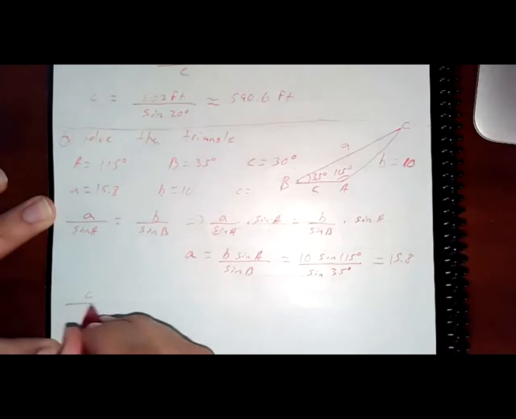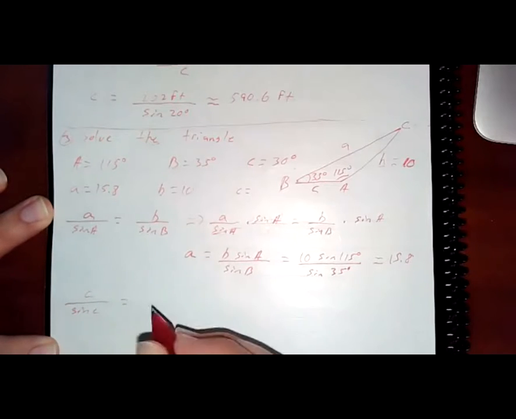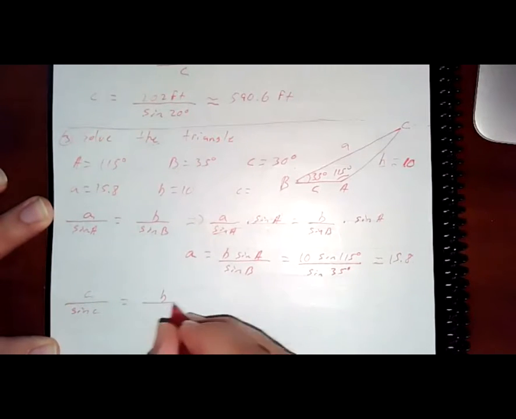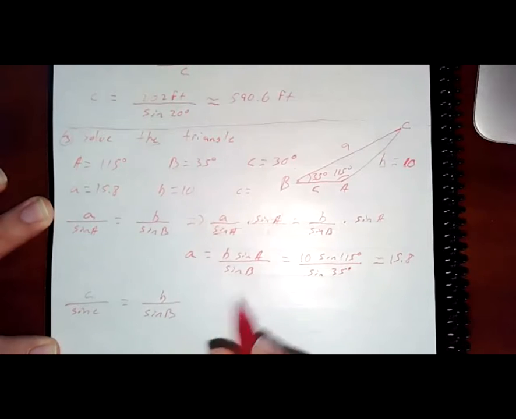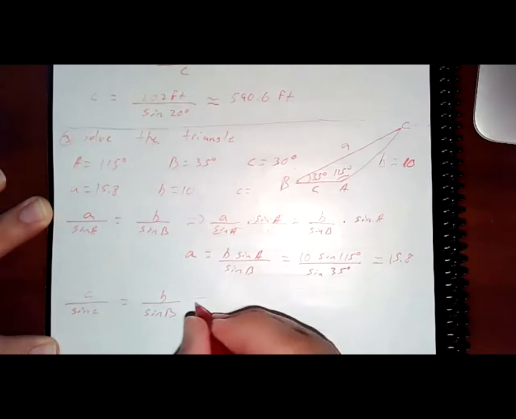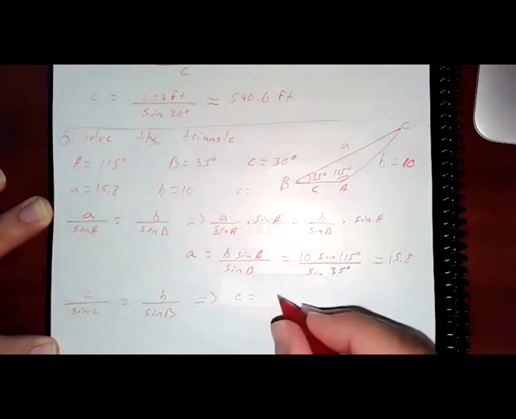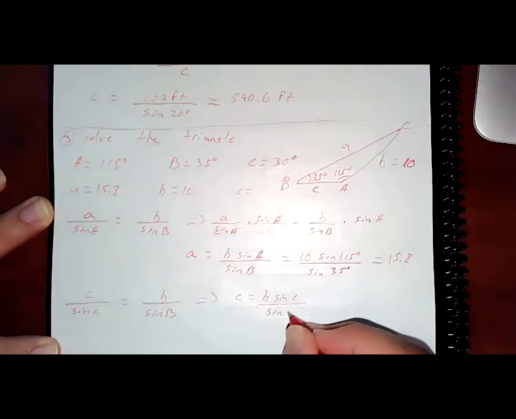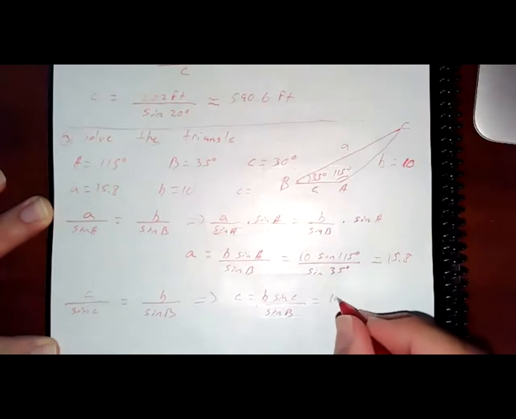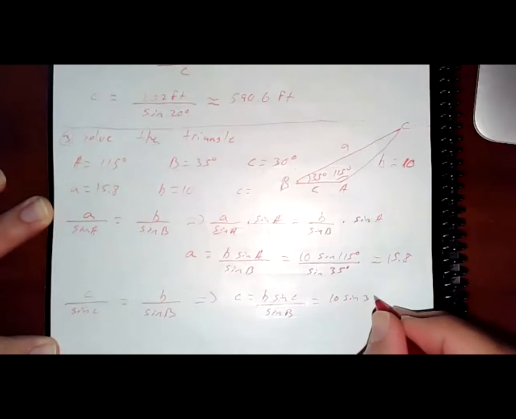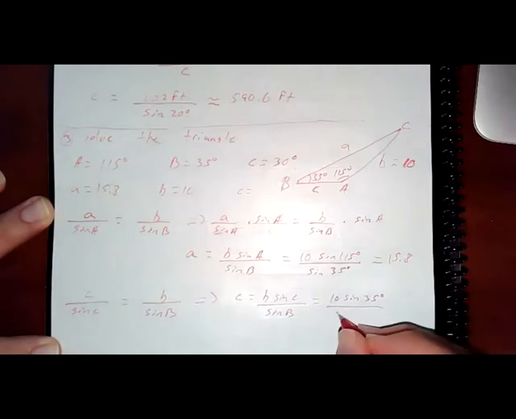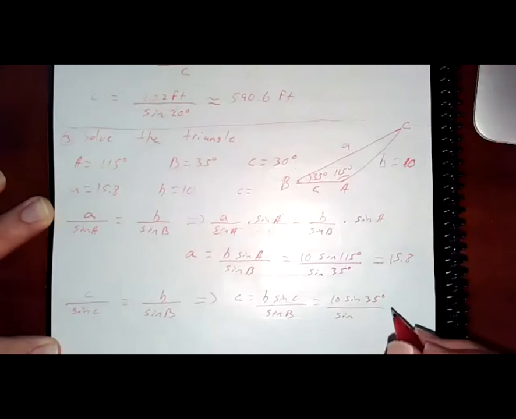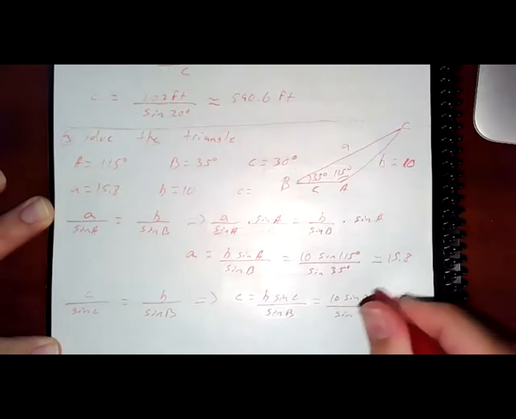So c over sine C is equal to the stuff that I know, b over sine B. Do the same algebra by multiplying both sides by sine C, which will get us to here. c is equal to b sine C over sine B, which is equal to 10 sine 30 over sine 35.